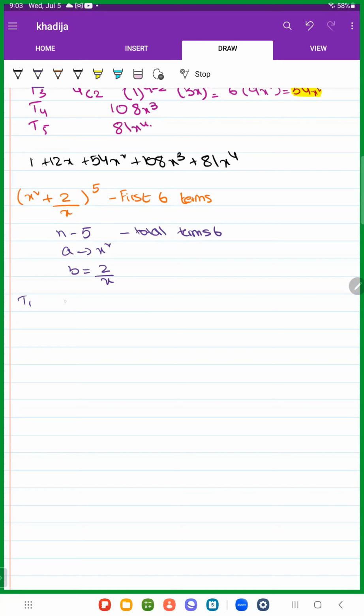So for the second one, I have 5, then I have x to the power of 8, and then I have 2x.